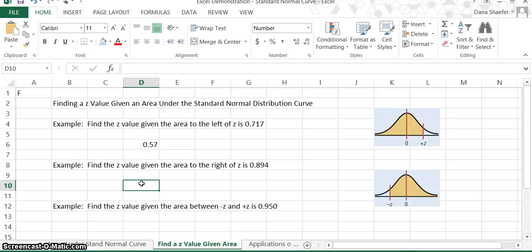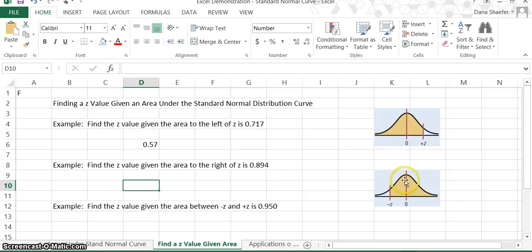So this time, again, remember, I'm thinking about the complement, because when I type that area, that 0.717, the tables and the Excel commands know that we're talking about the area from the left all the way up to this z-value. So we want the complement again.